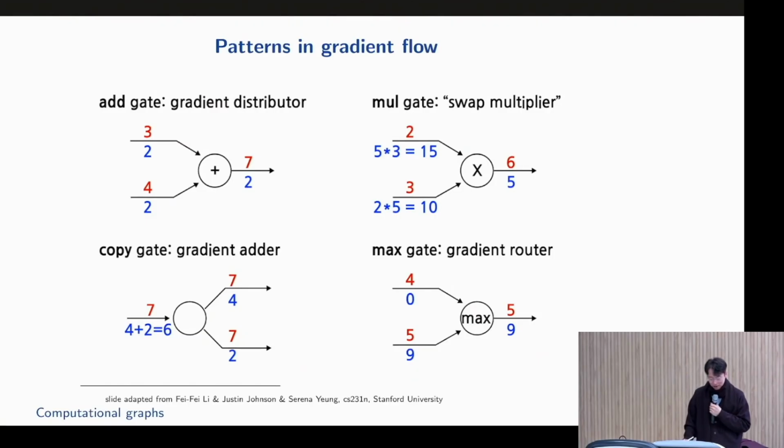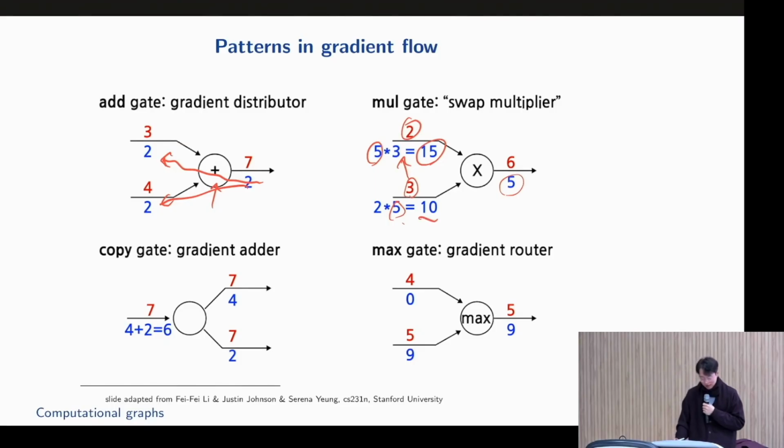So there seem to be some patterns, right? If you have an addition node, it just distributes the gradient with identity. It just multiplies by 1 and passes the upstream gradient to its downstream. If you have the multiply gate, it swaps its values. So here you're given upstream gradient of 5 for 2 times 3 equals 6. You take the upstream gradient and multiply by its other input, that's 15. Take the upstream gradient, multiply by its other input, 10.